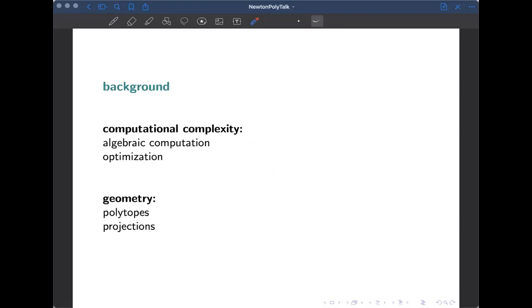And on the geometric side, we are going to talk about polytopes and the behavior of polytopes under projections. And we will see one idea, one mechanism that relates the two different universes.